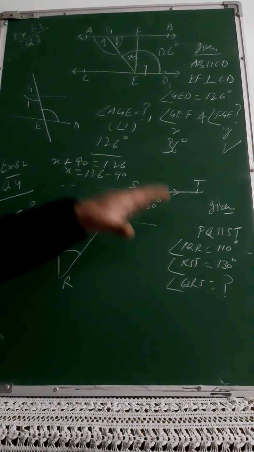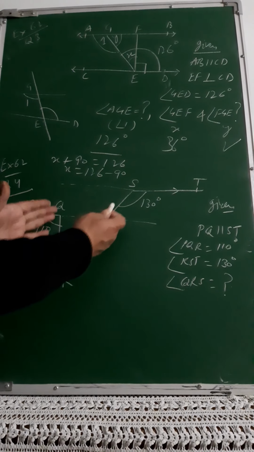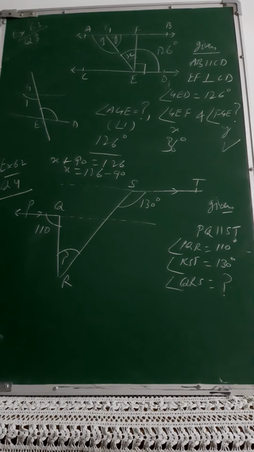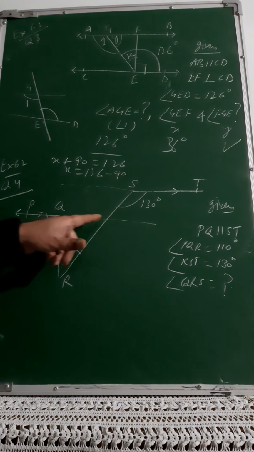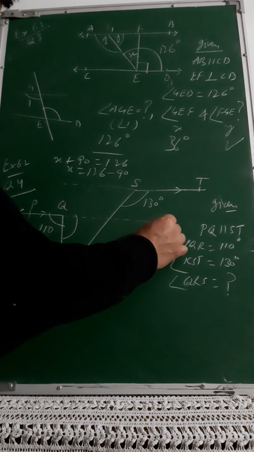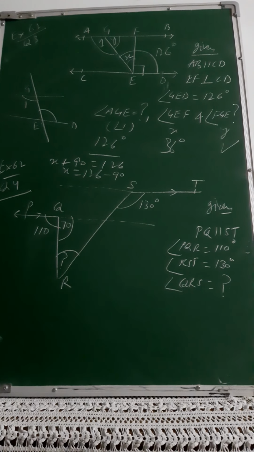As you extend this PQ in this direction or TS in this direction, I get a triangle over here in which one angle which I need to calculate is missing. And if I calculate these two angles, since this is a straight line you have produced, this will be equal to 70 degrees.